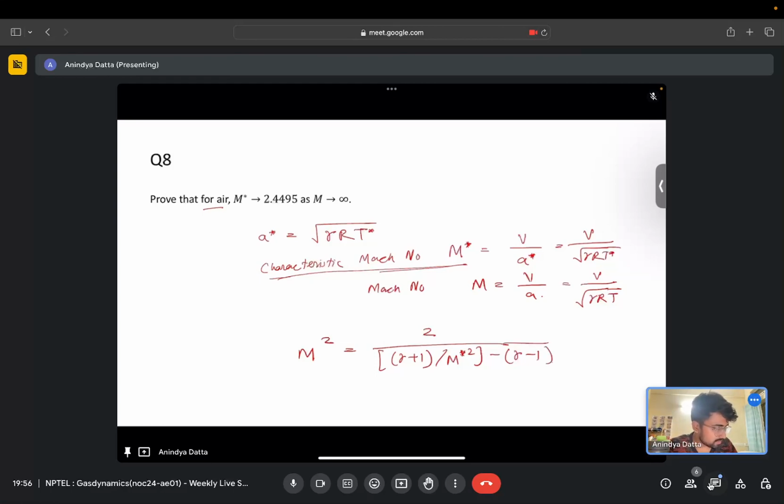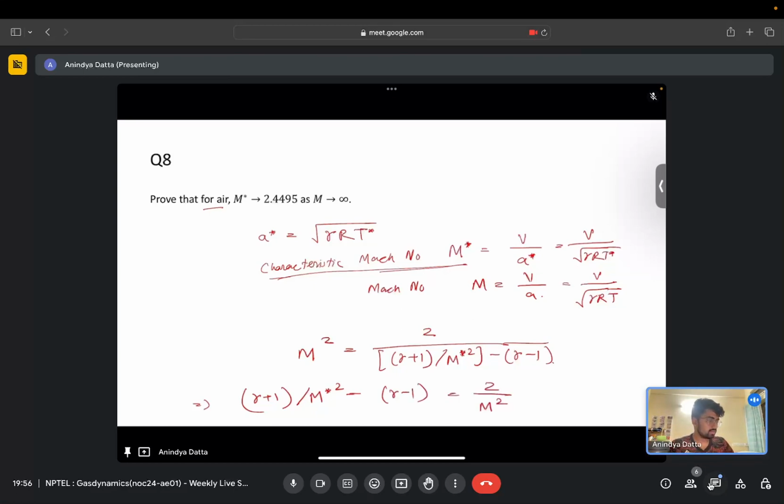If we rearrange this, multiplying the denominator on both sides, we get gamma plus 1 divided by M star squared minus gamma minus 1 is equal to 2 by M squared.